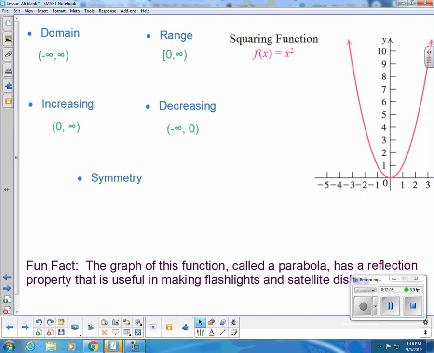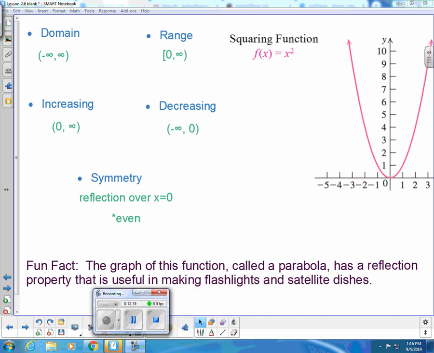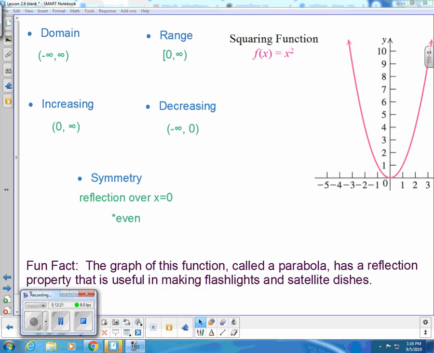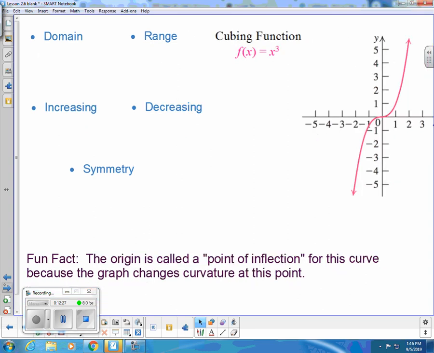Even or odd? Even. It folds evenly at the y-axis. This graph is a parabola. It has a reflection property that's useful in making flashlights and satellite dishes. Fun stuff.